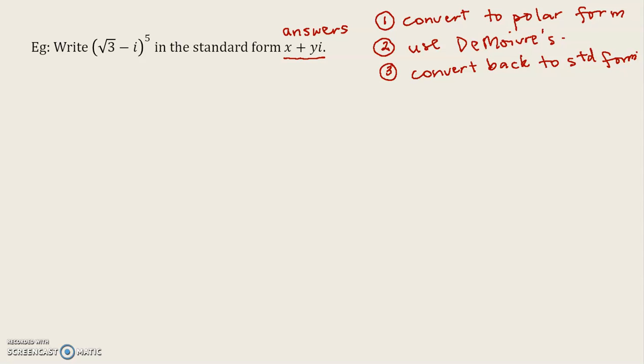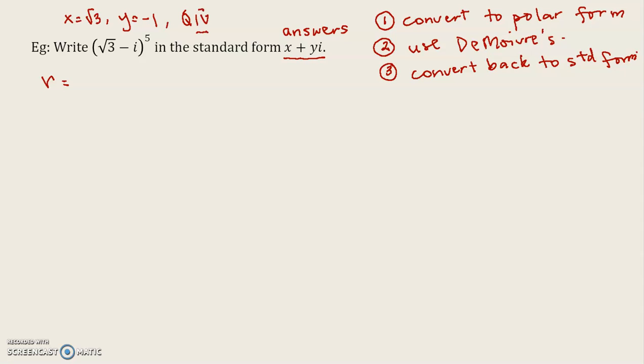So we start with finding the modulus. By the way, before we forget, the x is a positive value and the y is negative, y is -1. If x is positive and y is negative, the complex number would be in quadrant 4.